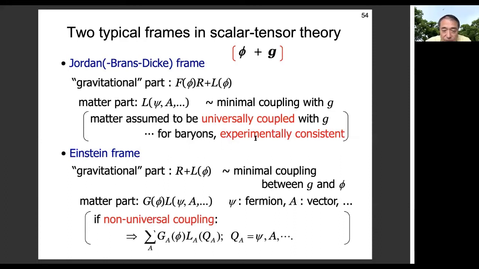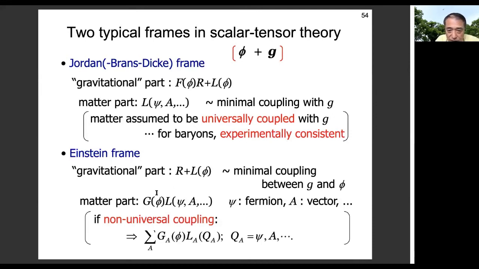If you assume that the gravitational part of the action has this form, then you can make a so-called conformal transformation to make the coefficient of the scalar curvature term a constant. But instead, you have a very non-trivial potential in the scalar field Lagrangian, and at the same time, because of this conformal transformation, you will have some coupling of this scalar field to the matter Lagrangian.